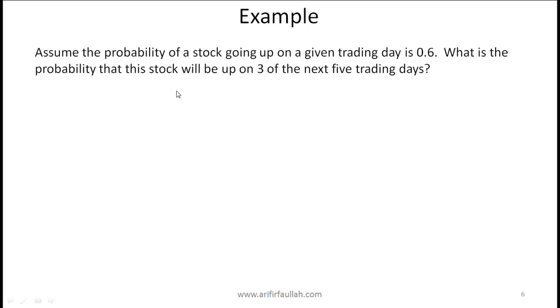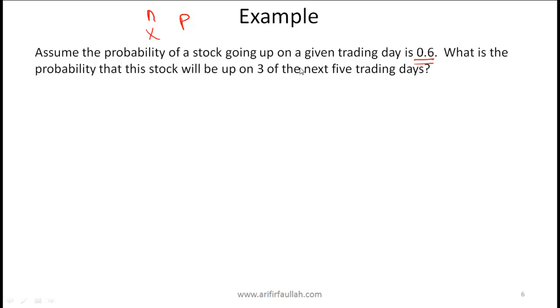A simple example now. Assume the probability of a stock going up on a given trading day is 0.6. What is the probability that this stock will be up on 3 of the next 5 trading days? Whenever you get a question dealing with the binomial distribution, you need to settle the values of n, x and p.